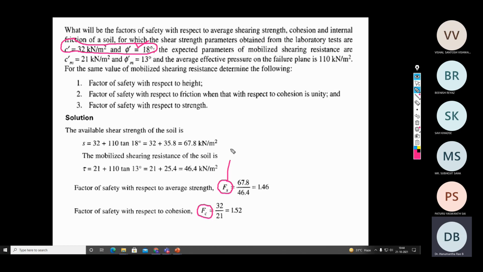Say, for example, my minimum requirement is 1.5. I can straight away take Fs as 1.5. I can calculate what would be the shearing resistance at which the slope starts failing.